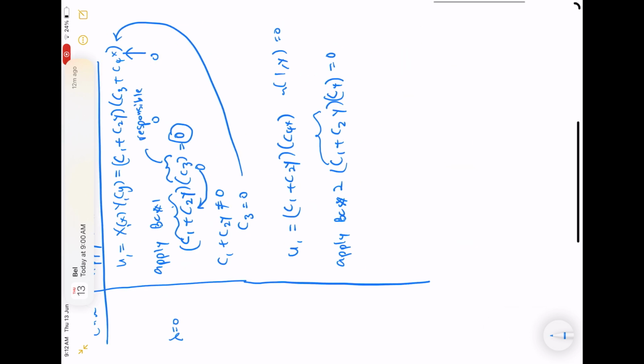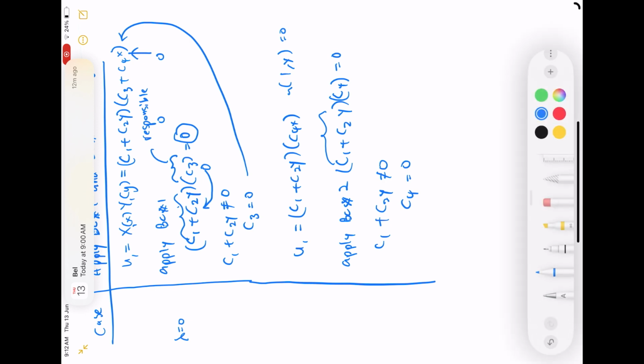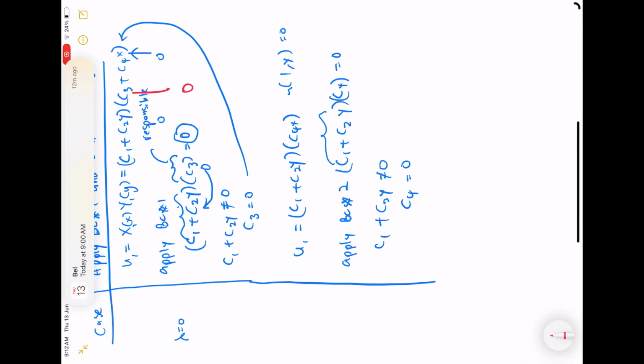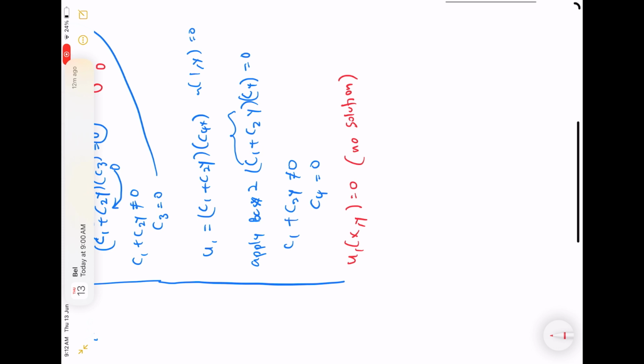So c1 plus c2y is not responsible to become 0. Only c4 can become 0. Now you see here, our c3 is 0 and our c4 is 0. So now you know that your answer has no solution. u1(x, y) is equal to 0, meaning there is no solution, because when c3 and c4 are 0, everything is multiplied by 0, and we get 0. So no solution for that.